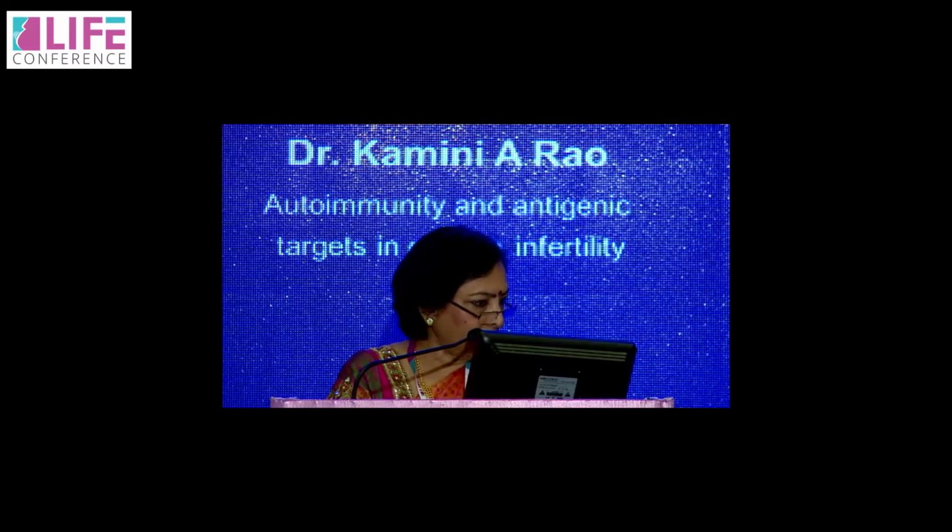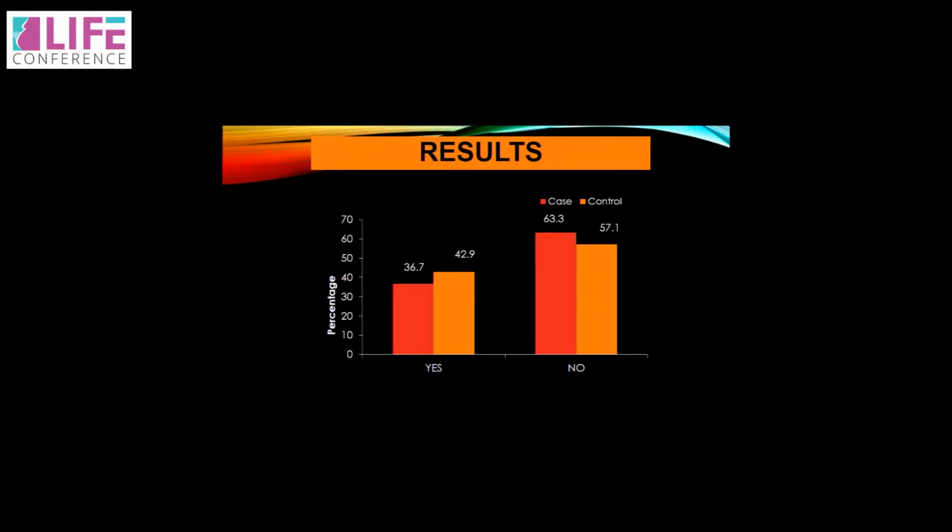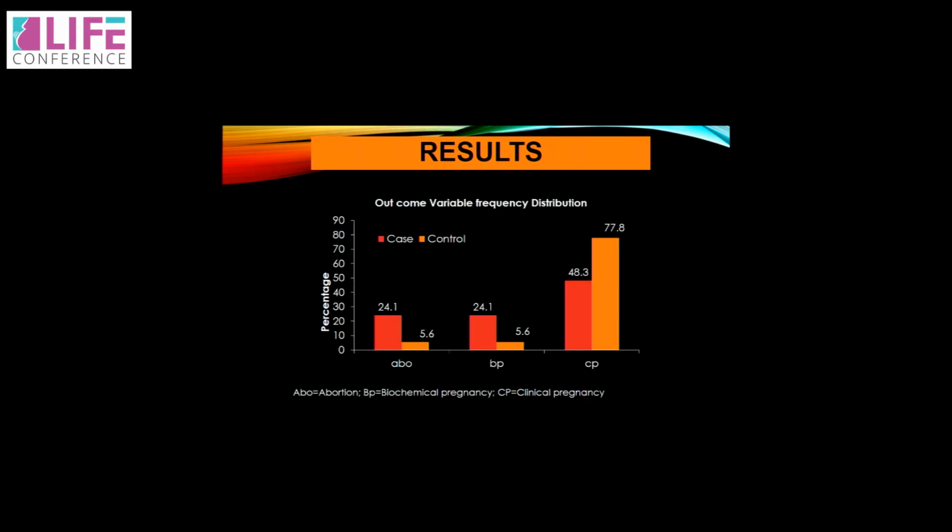So we are looking at basically the numbers were 50, and we were looking at just very, very preliminary, just out, that even if you looked at those who had the thyroid antibodies, 36% of them were positive. This is actually looking at the abortion rate, yes. 24.1% for the abortion in those cases that had the antibodies, and 5.6% which didn't have the antibodies.